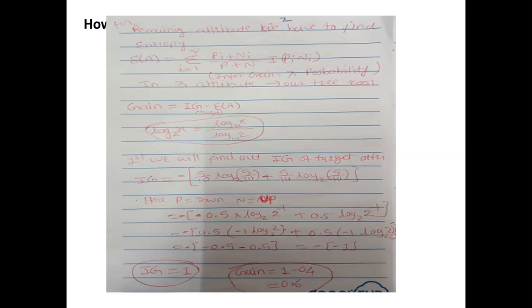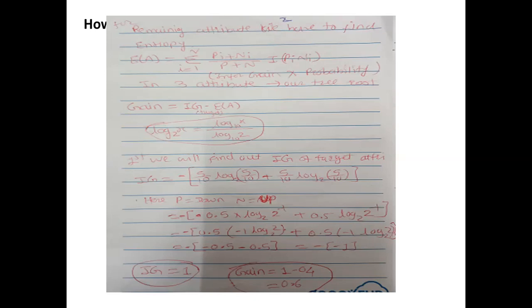This information gain is the information gain of the target attribute, minus the entropy that we have calculated for the particular attribute. So first of all, we will find the information gain of the target attribute.